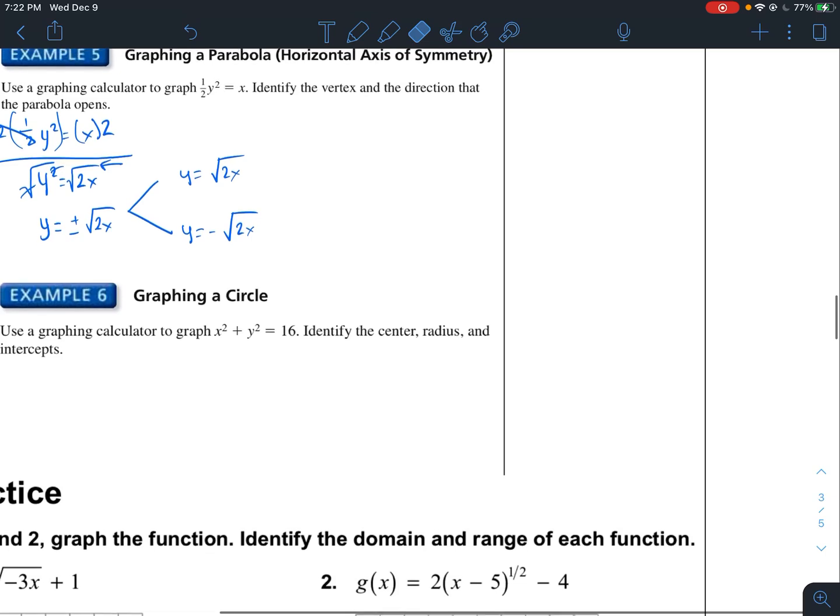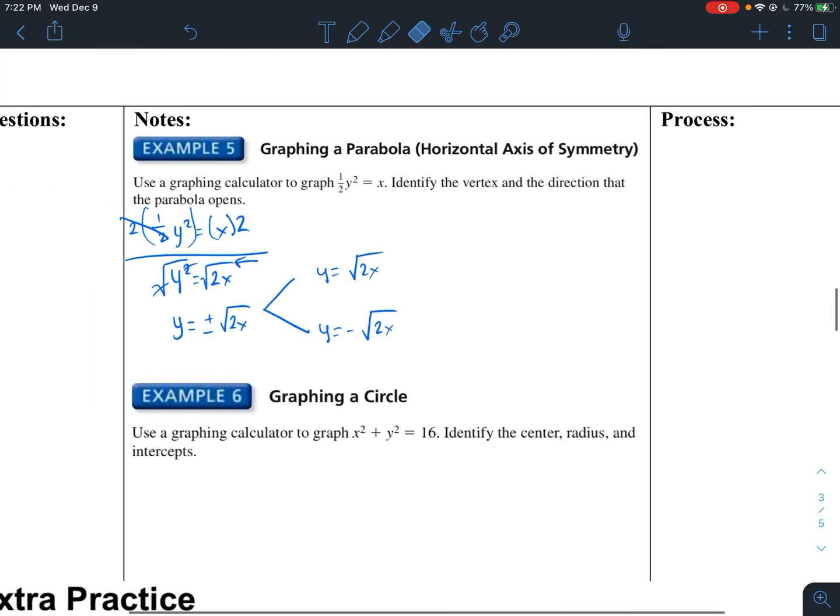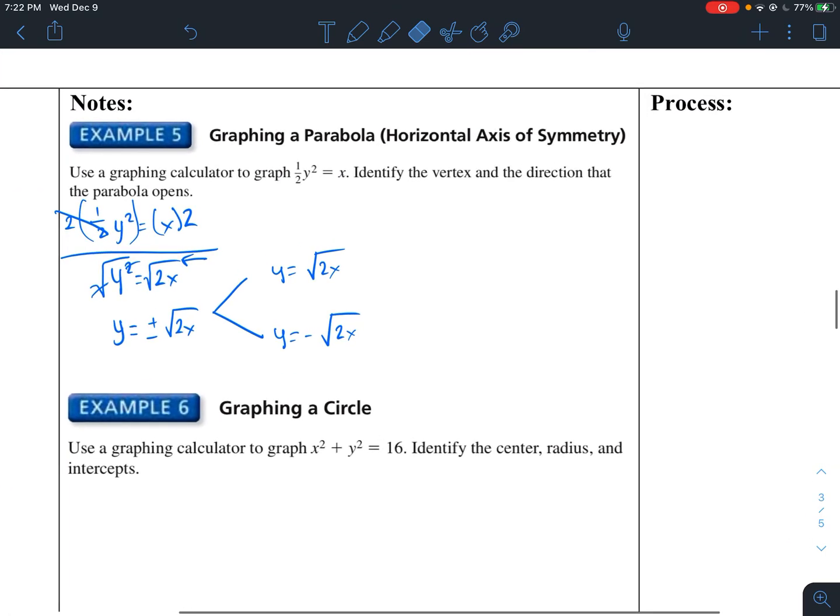Now for example 5, if we were to identify the vertex, it would be in the same location at 0, 0, and the parabola opens to the right.